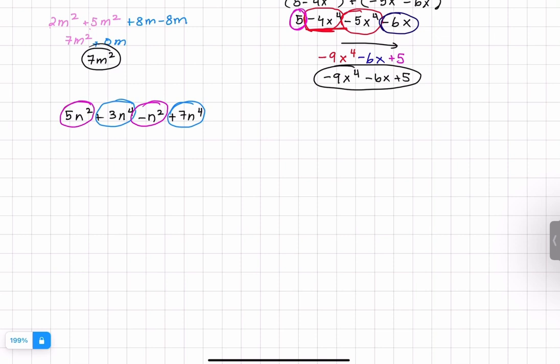Great. So 7 plus 3 is 10, so 10n to the fourth. And then 5 minus 1 is 4, so plus 4n squared. There we go. So the answer would be 10n to the fourth plus 4n squared. That is your final answer.